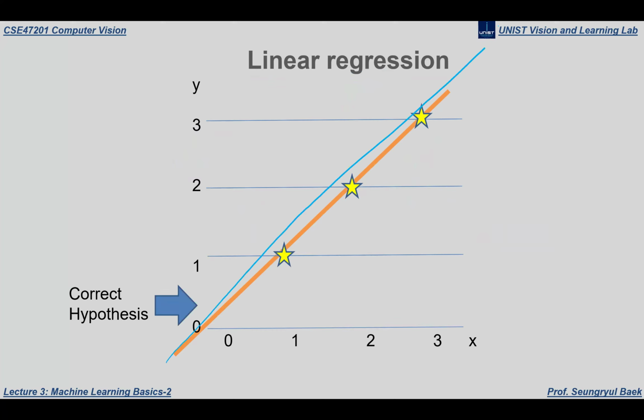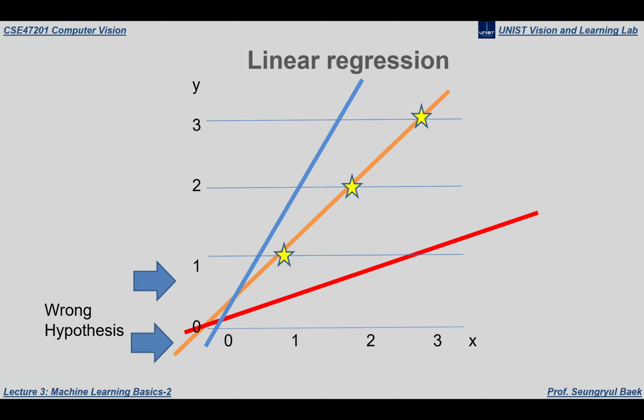The ground truth straight line might be y is equal to x, but it is unknown to the computer yet. But we will anyways find this form of solution that can best explain these 3 training samples, and that is what happens during the training of this linear regression.